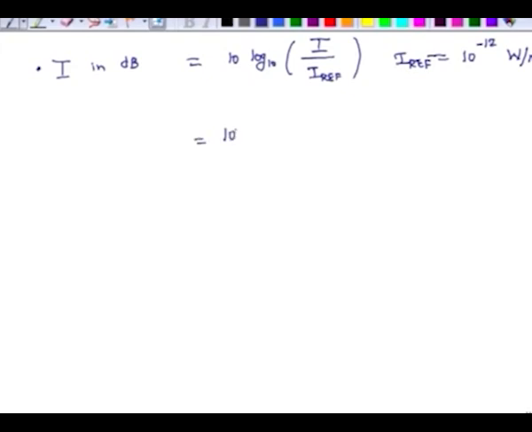So, we compute 10 log base 10 of the value of I, which was calculated in the last class. It was found to be 3.98 times 10 to the power of minus 3 watts per square meter, and the reference value of intensity is 10 to the power of minus 12 watts per square meter. If I do the math, the value of I is 96 decibels.